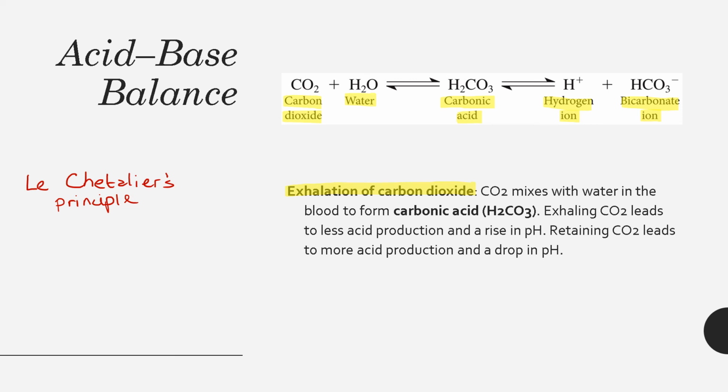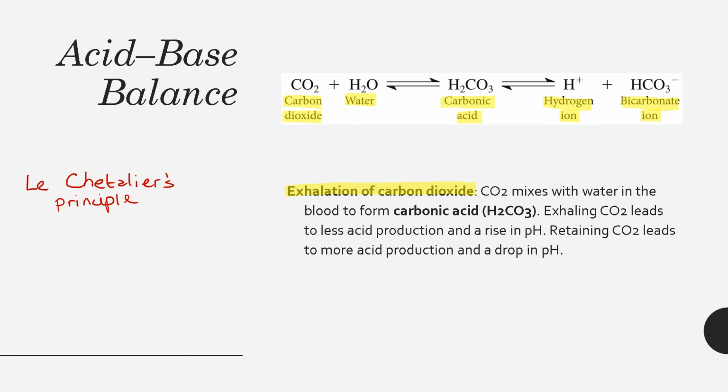Now, Le Chatelier's principle essentially states that when one side of a reversible reaction increases, so say we have more CO2, it's going to shift it to the other side. So more CO2 is going to result in an increase in production of carbonic acid. And the same is true going the other way, since it is a reversible reaction.